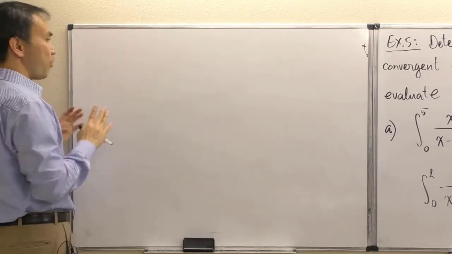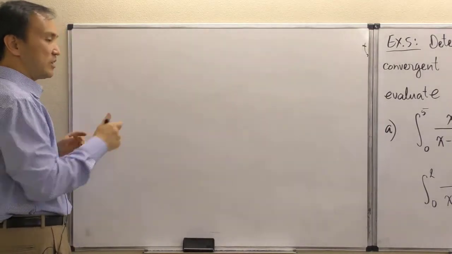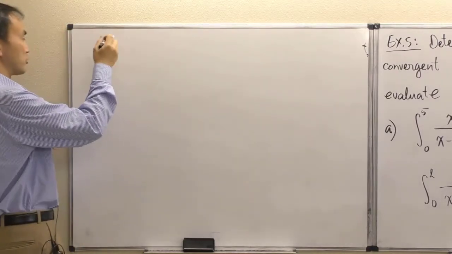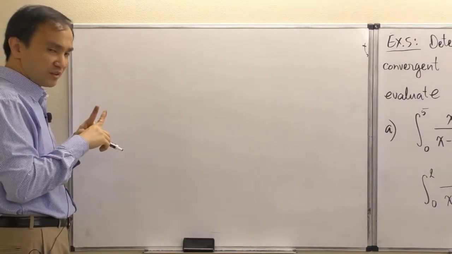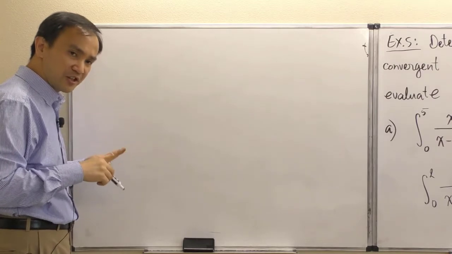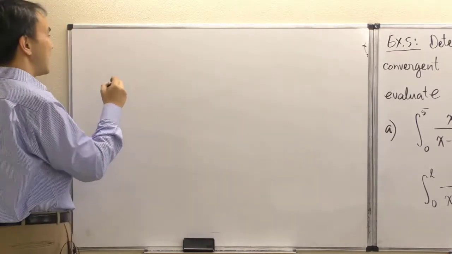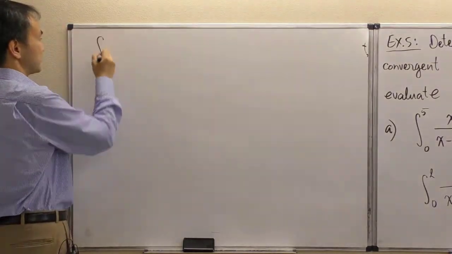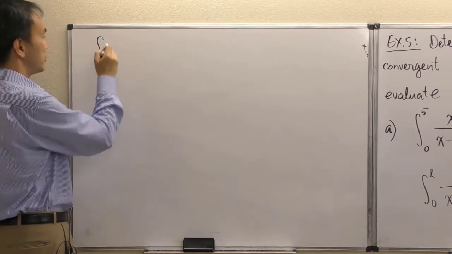Now the point is we need to verify whether or not both of our integrals are convergent. And if only one of them fails to be convergent, then the overall one is going to be divergent. So now how about from 0 to 2?